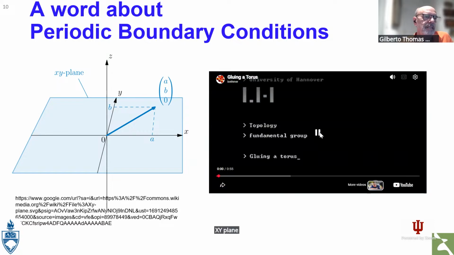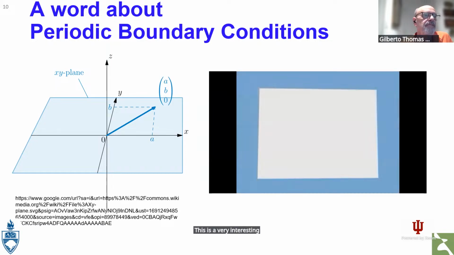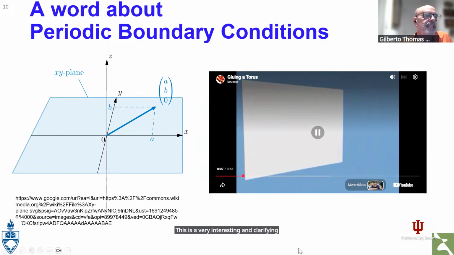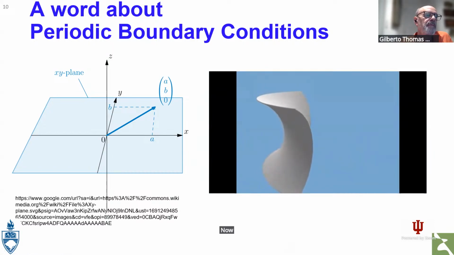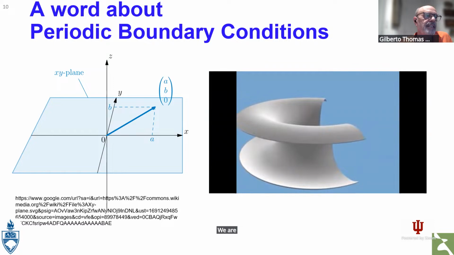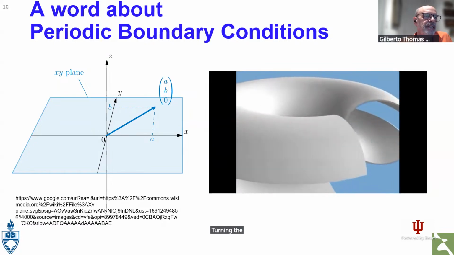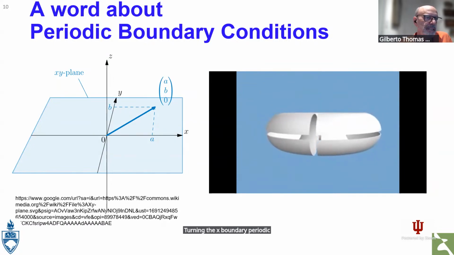Look here. This is a very interesting and clarifying example. This is the plane. Now we are turning the X boundary periodic and the Y boundary periodic.